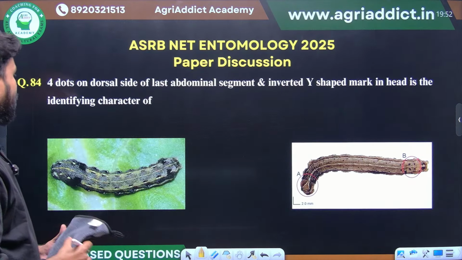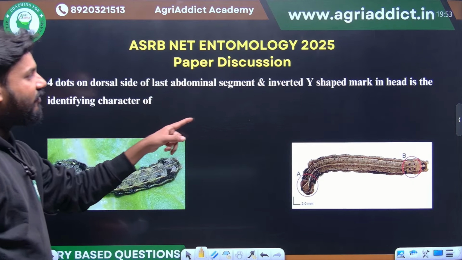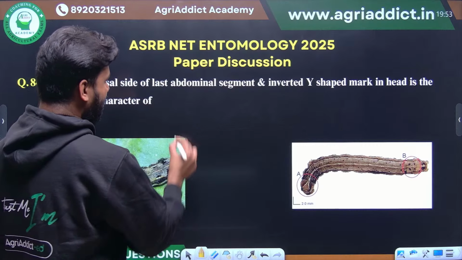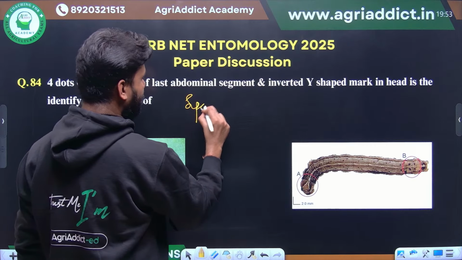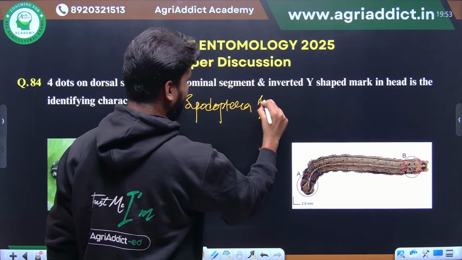Next question is, four dots on the dorsal side of the last abdominal segment and an inverted Y-shaped mark on the head is the identifying character of which pest? The answer will be Spodoptera frugiperda.